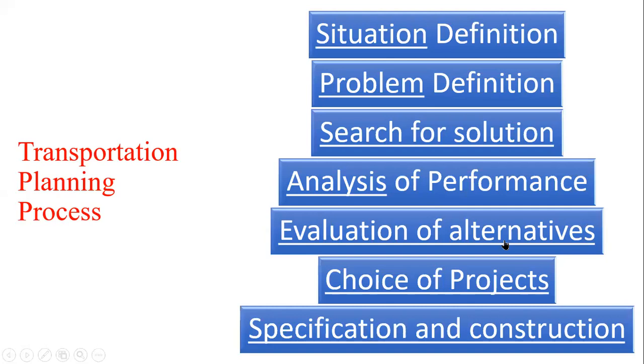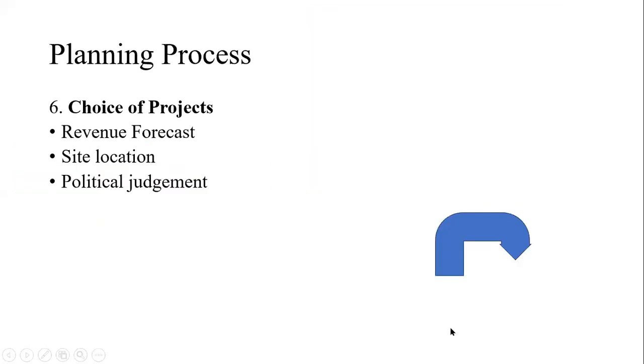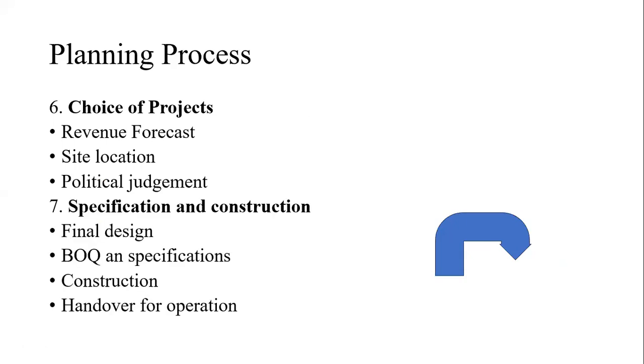And the last step is the specification and construction. Obviously, we prepare a final design, we prepare BOQs, we add the specification, we award the contract on the basis of the tender, and then we supervise the construction, and thereafter we hand over the infrastructure for operation.